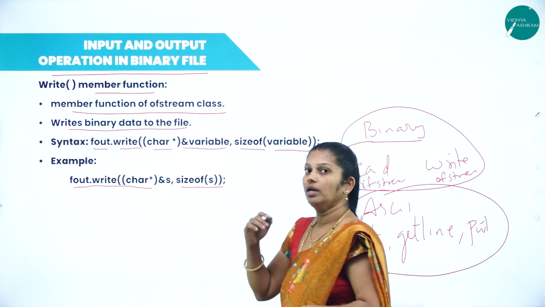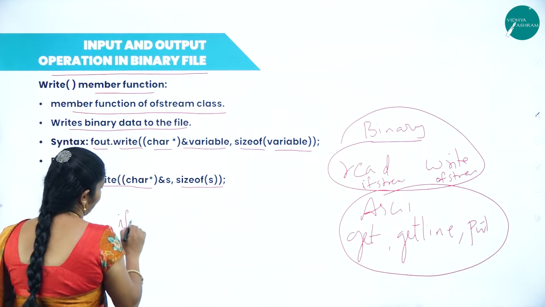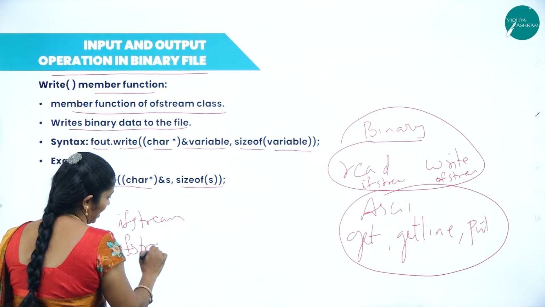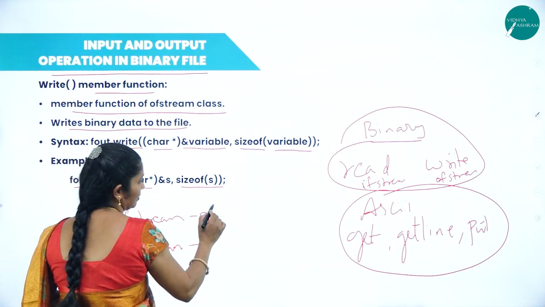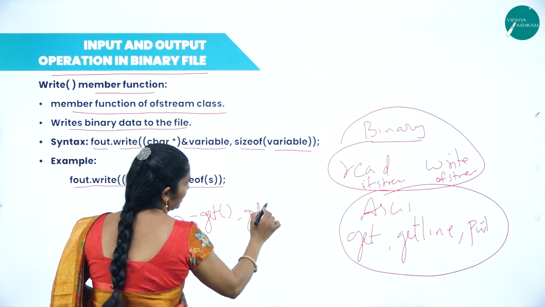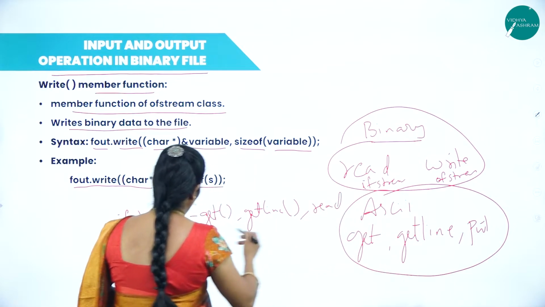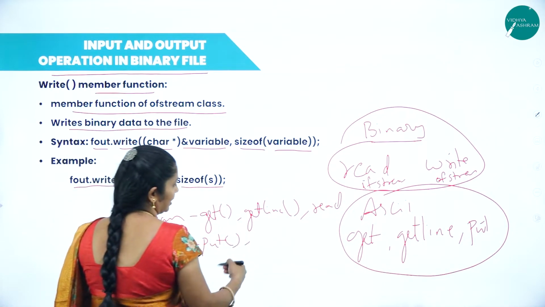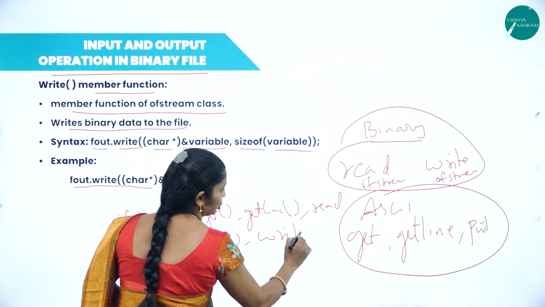When you come to input as well as output, that is the ifstream class as well as the ofstream class. In ifstream, we have the get function, getline function, then the read function. In ofstream, the put function, that is print, then the write function.